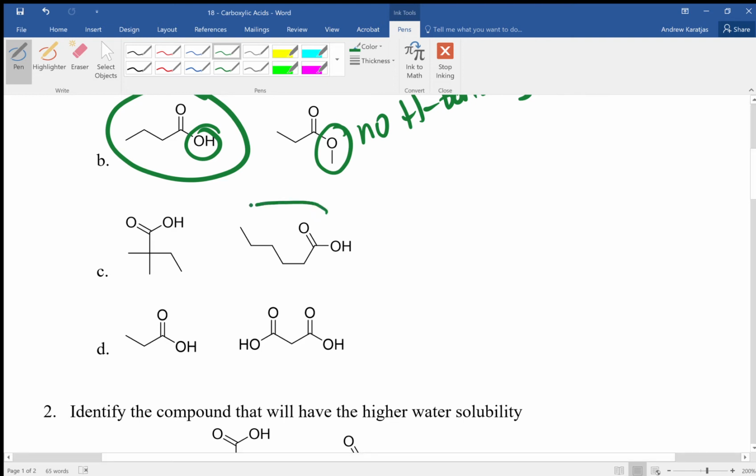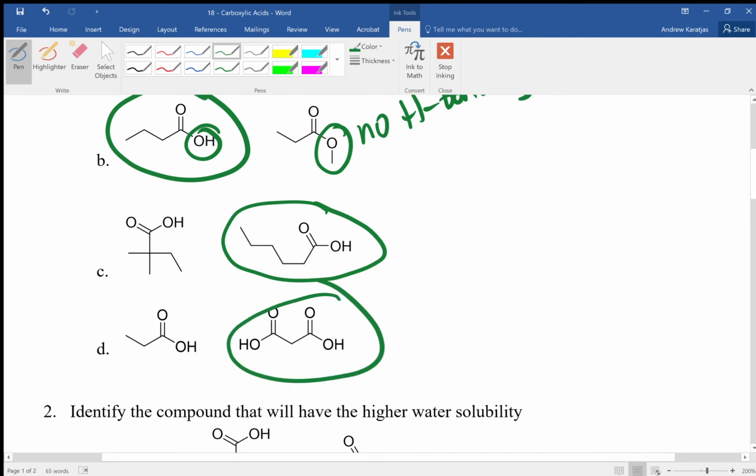And so the unbranched molecule will have better van der Waals attraction between the chains, and therefore a higher boiling point. And in part D, we have a diacid, which is going to have much stronger attraction than a monocarboxylic acid.